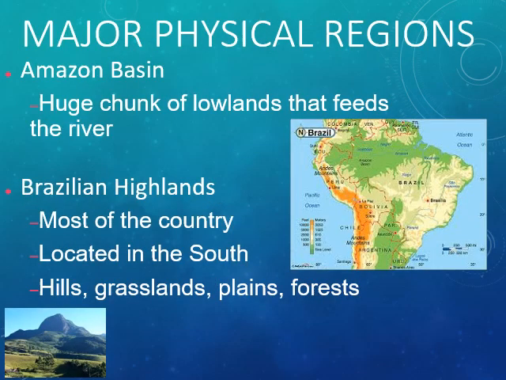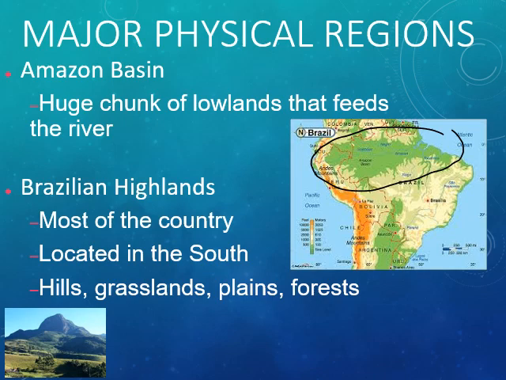The reason that the Amazon River has such a huge amount of water flowing through it is because it has this huge chunk of land, 2.7 million square miles of land right here, this whole green area here that makes up the Amazon basin. And the Amazon basin, if you think of it, is like a giant bowl that every piece of water that hits anywhere in there funnels down and finds its way to the river.